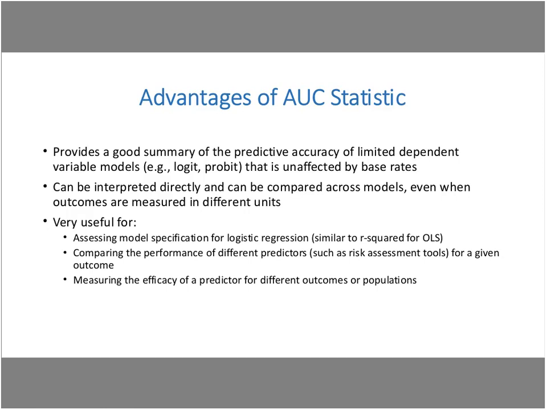Now, in terms of what this opens up in terms of analytical possibilities are a number of different things. One is I find it useful for assessing model specification for logistic regression models, because it's going to play that role kind of like an R-square would.